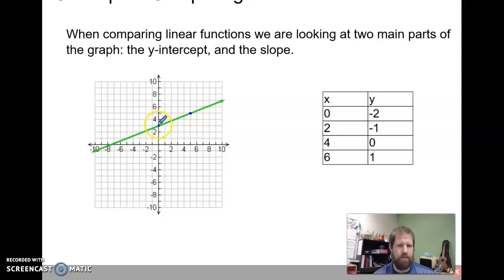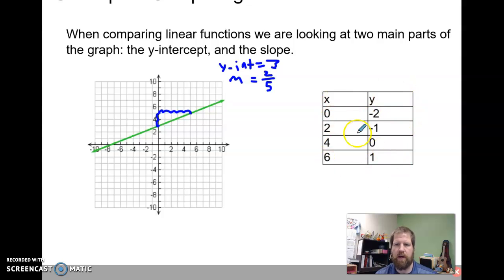So I've got that one, and then I'm going to count, go up 1, 2, over 1, 2, 3, 4, 5. So my y-intercept is 3, and my slope, or my m, is going to be 2 over 5. So I've got 2/5.